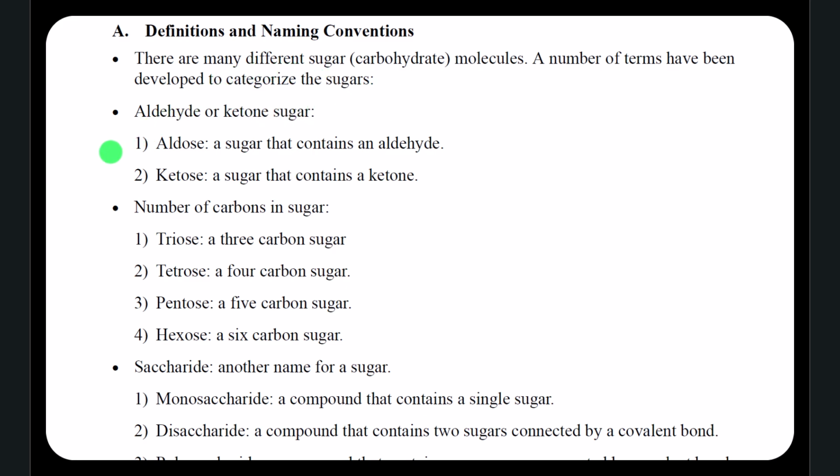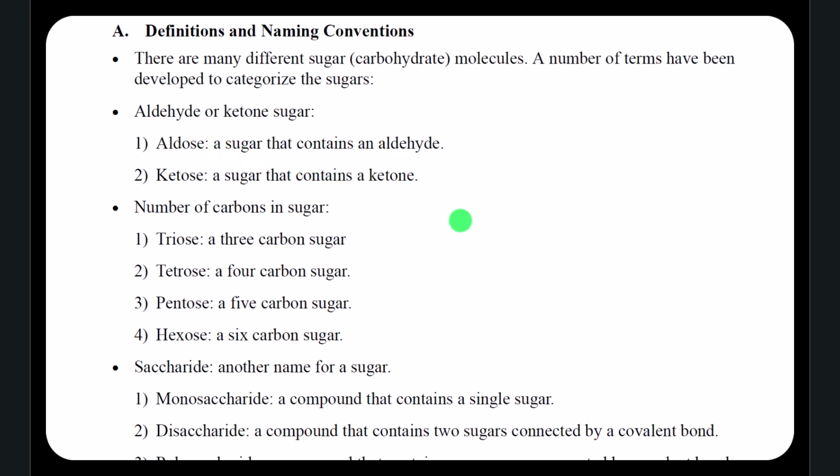Organic chemists have developed the names aldose to represent a sugar that contains an aldehyde, and ketose to represent a sugar that contains a ketone. Notice that these category names end in -ose, thus indicating that they apply to a sugar molecule.